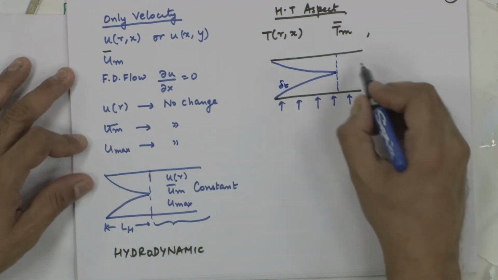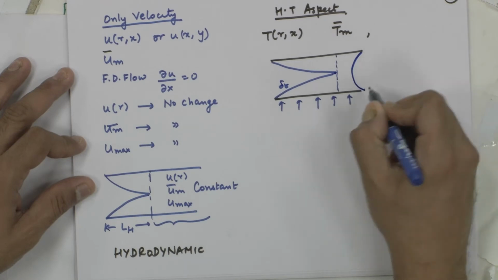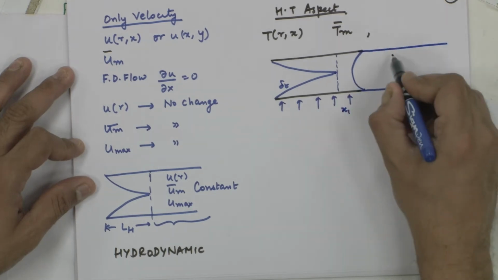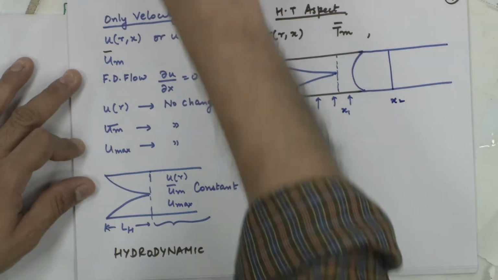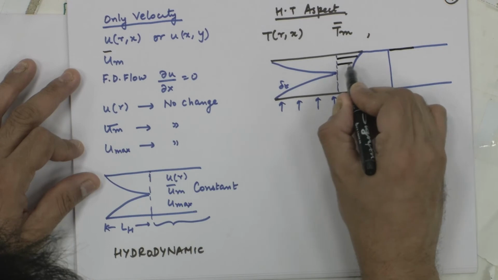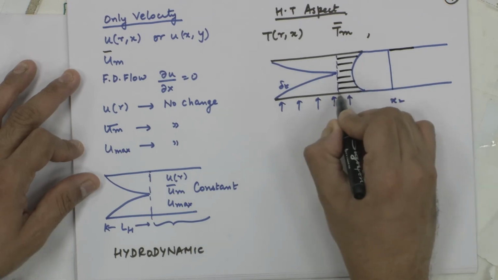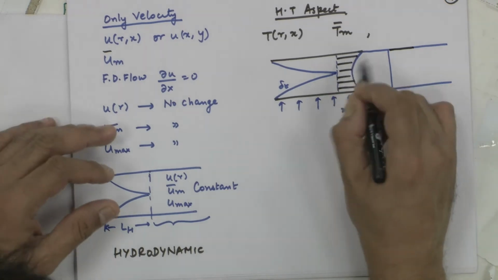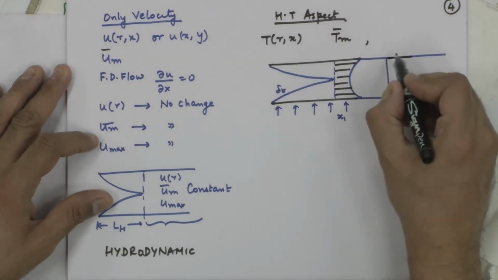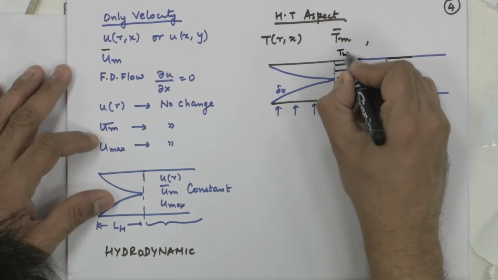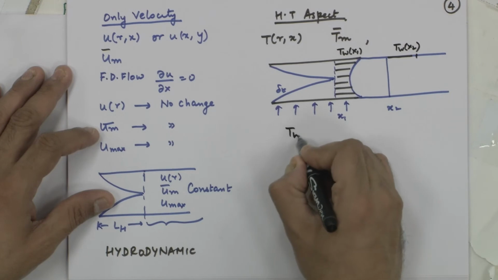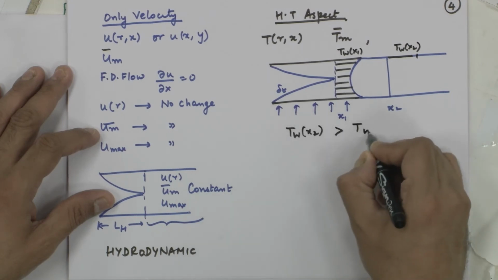If this is my temperature profile at say x1, at a further location x2 my temperature profile would be thicker, because this length represents the amount of heat I have added to this fluid as it flows through the pipe. So, the wall temperature also would increase. That means T wall at x1, T wall at x2 would be larger.